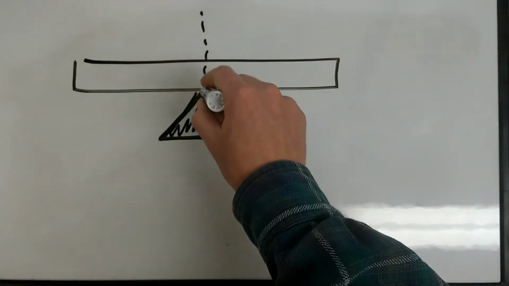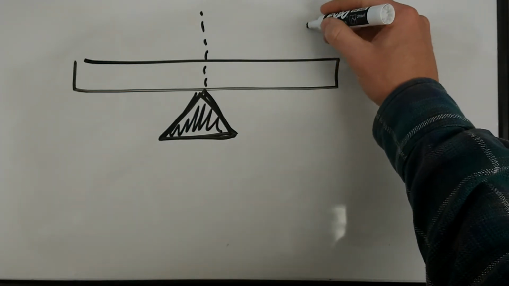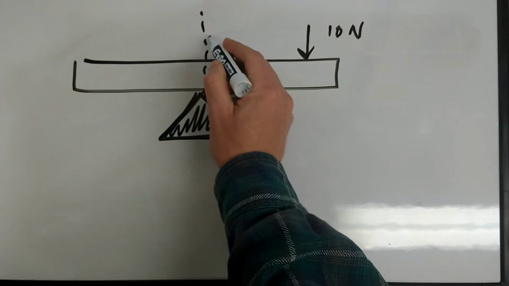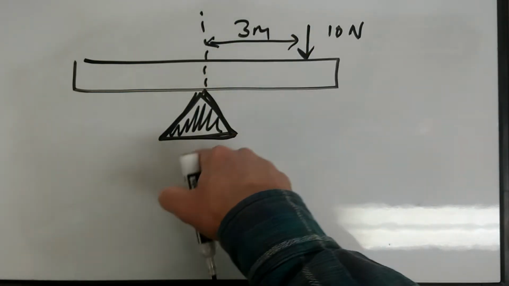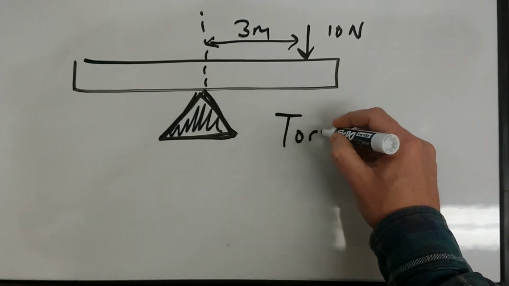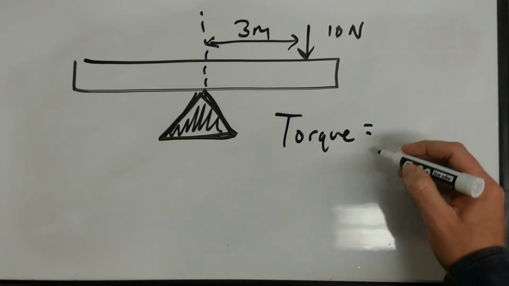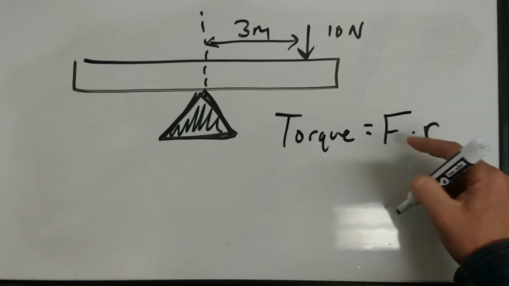This is the pivot point, wherever that fulcrum is located. If I put a force of 10 newtons at a distance of 3 meters from the fulcrum, the torque is the force times the radius.